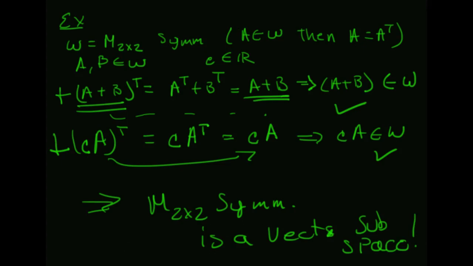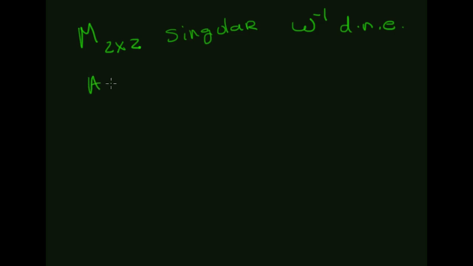All right, so let's look at one that is not. Let's look at a subset that is not a vector subspace. So we're still using 2 by 2 matrices, but now we're going to let W be the singular, non-invertible matrices, so the inverse does not exist. We're going to disprove that this is a subspace.